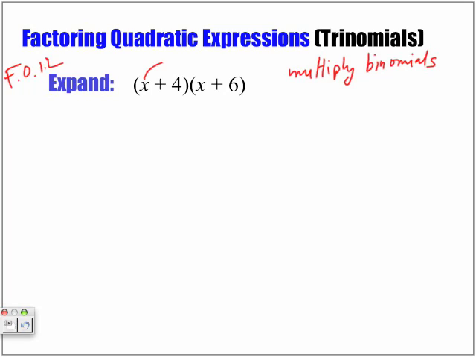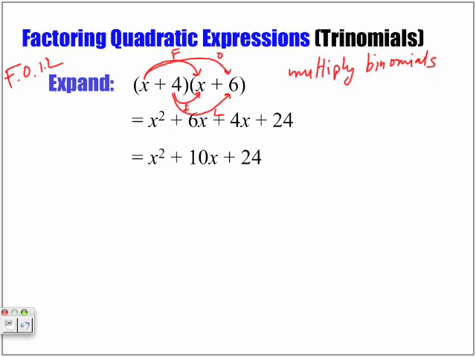So we were doing the first with the first, the outer, the inner, and then the last. And so we were expanding that to get the following expression: x squared plus 6x plus 4x plus 24. Then of course we were simplifying and getting such a trinomial. So here's our trinomial.